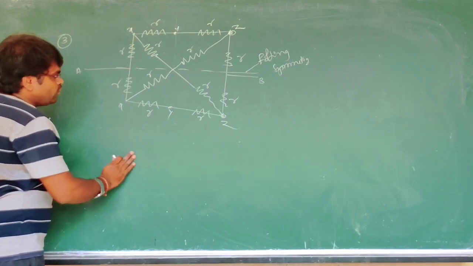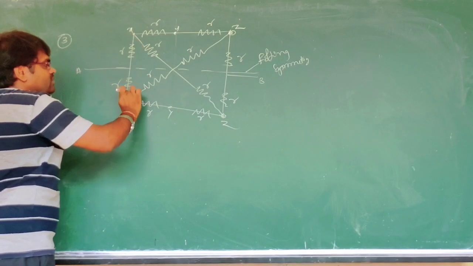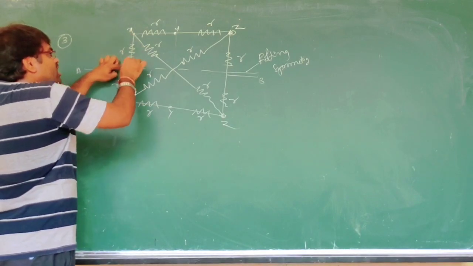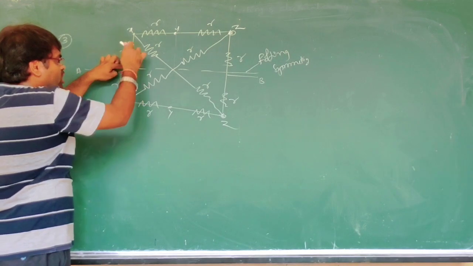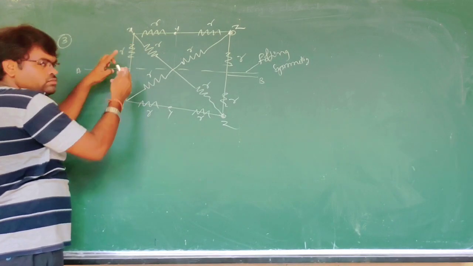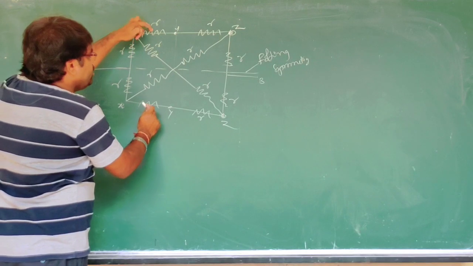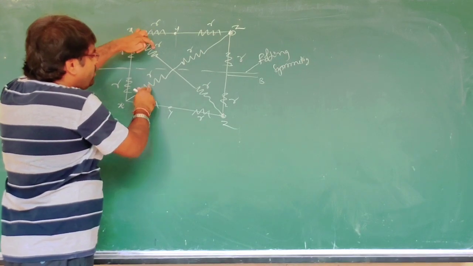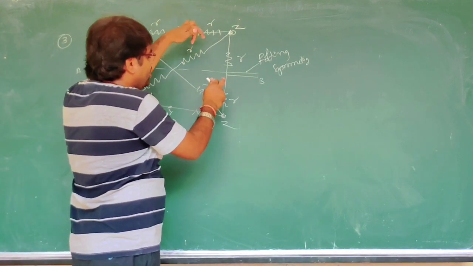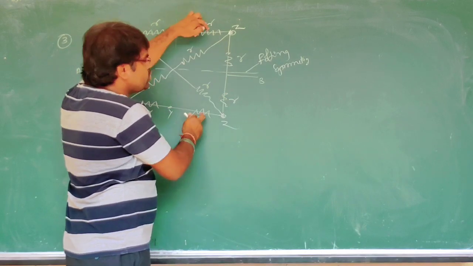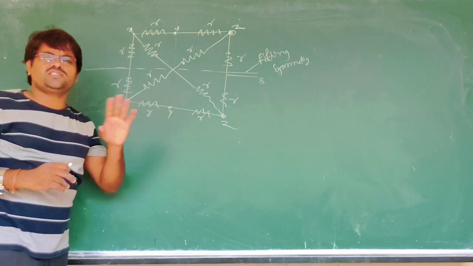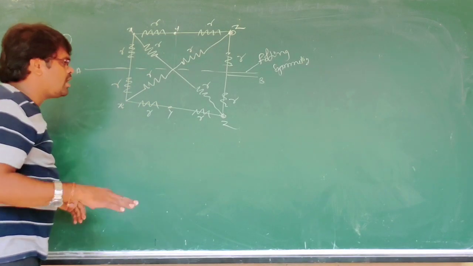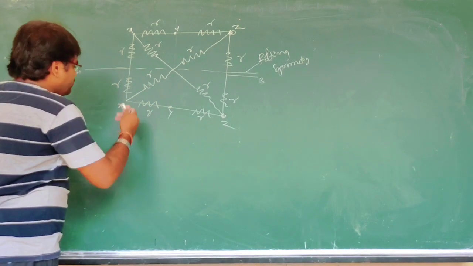Then you see, folding it, here to here to here, same potential, that's why folding it. These two are in parallel, these two are in parallel, and so on. Two equal resistances are parallel, R by 2.